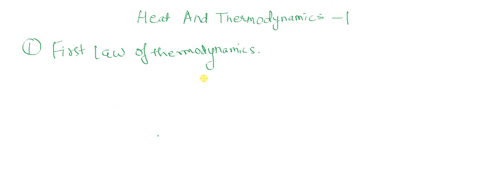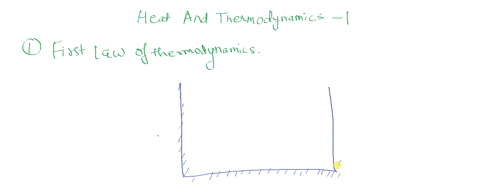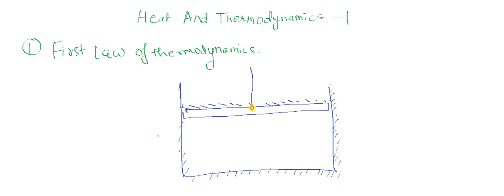It's very simple. Suppose you have something like this, a system, which is insulated from outside, and there's a piston which is also insulated from outside so that no heat can flow, and then you have this movable piston, and then you have your heating element here.